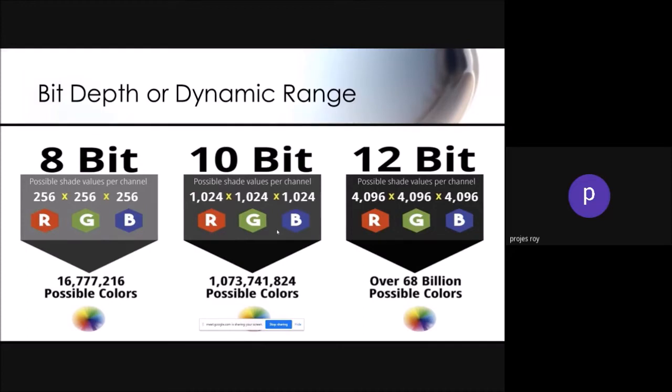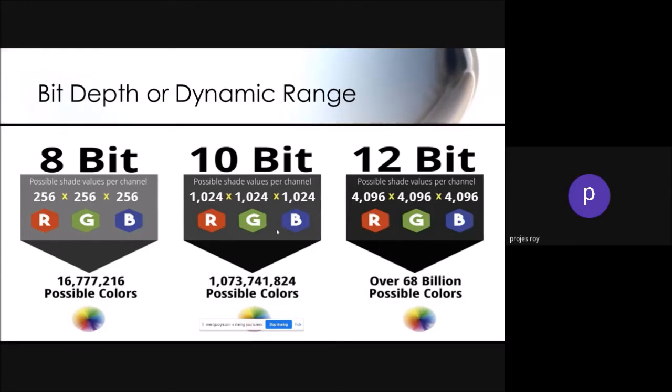Coming to bit depth, if it is 8-bit, then here you can see you can get 1 crore 67 lakh 77,216 possible colors. Here you can see red, green, blue. This is the combination, 256 into 256 into 256. So in 8-bit, you are getting this much color.